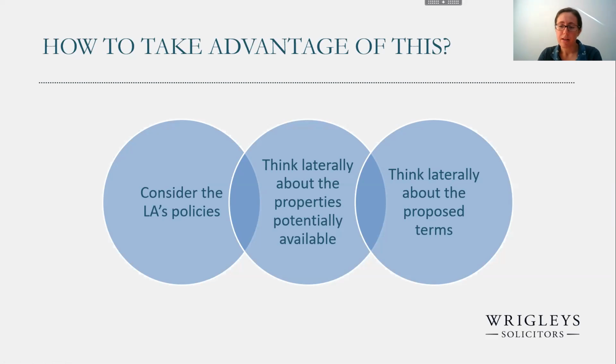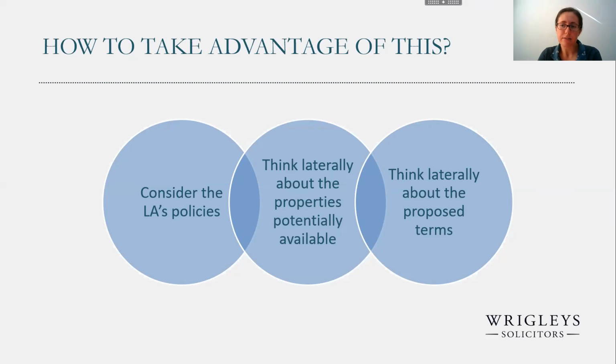The next point, which is quite a fundamental one, is think about what properties or what assets are available. It's stating the obvious, but for a community asset transfer to work, there needs to be an asset to be transferred. So think about what land or what buildings your local authority owns, and if necessary, think a bit laterally.